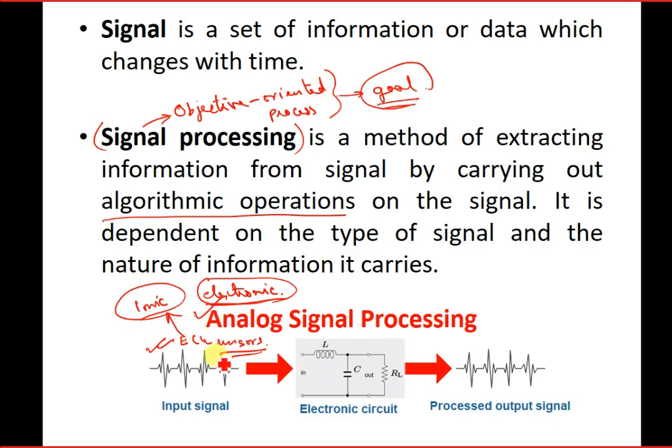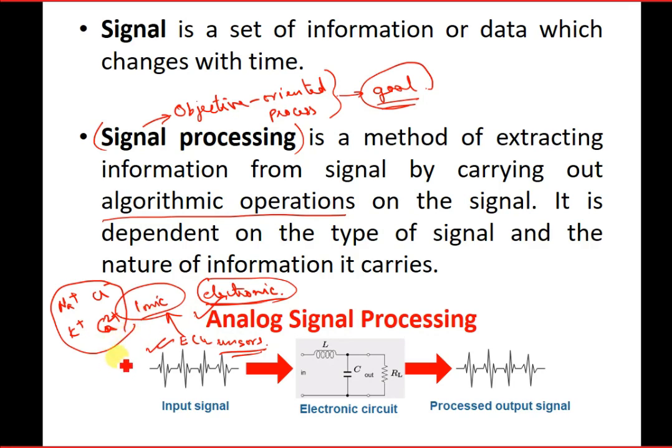So the ionic signals: if you look into all our human body tissues, organs and even the cells, within them you will find several ions like sodium ions, chloride ions, potassium ions, and calcium ions. The movement of these ions generates potentials, and hence the signals present within our body are basically ionic potentials.